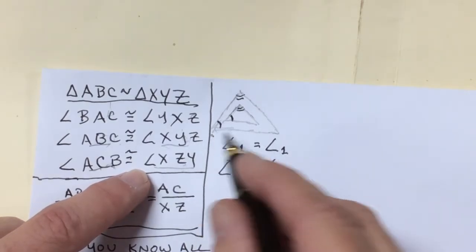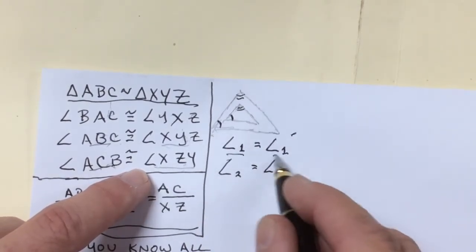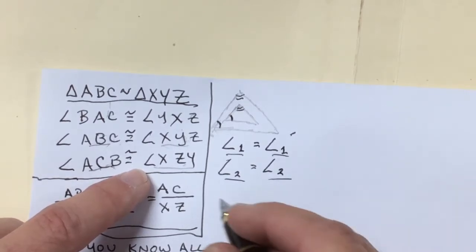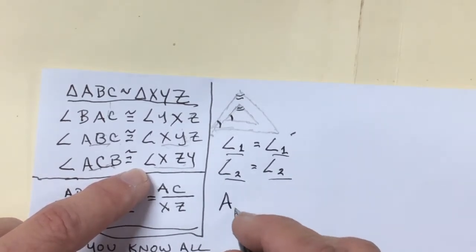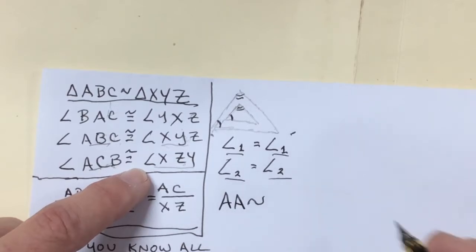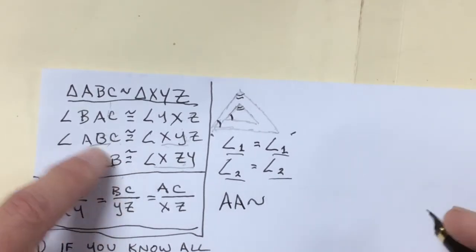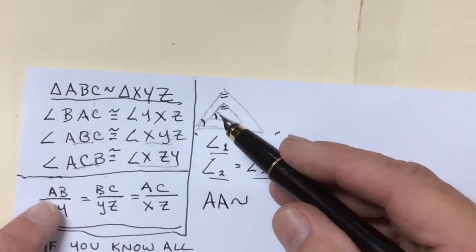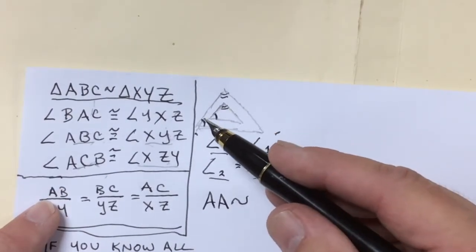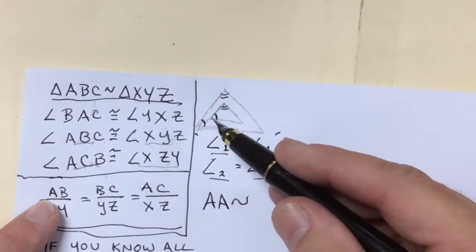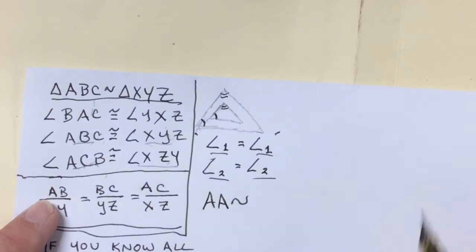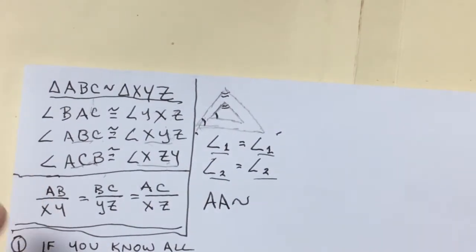So this is triangle 1, this is triangle 2, I got one angle, I got two angles. That's enough to make angle-angle similarity. Now, here, this is sort of handed right to you because it's given in the drawing that this angle is congruent to this angle and this angle is congruent to this angle, and you're not always going to get that.